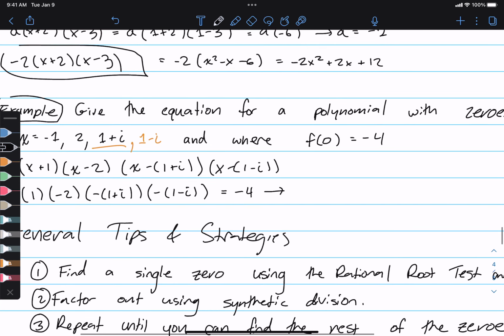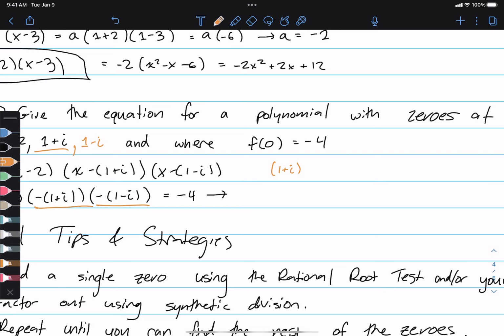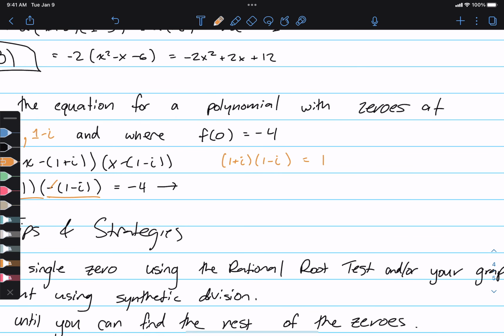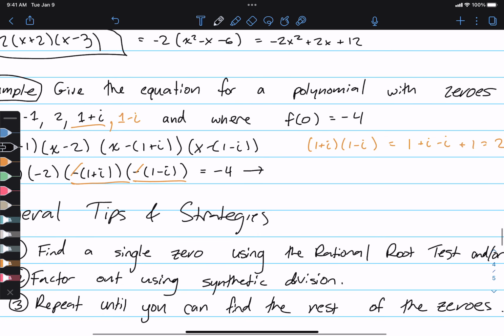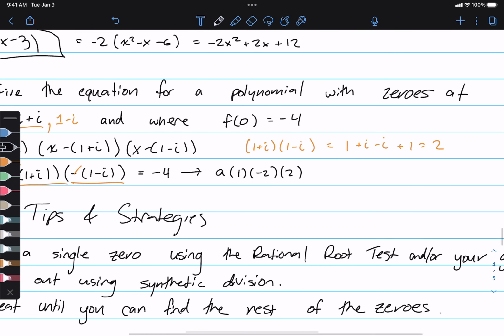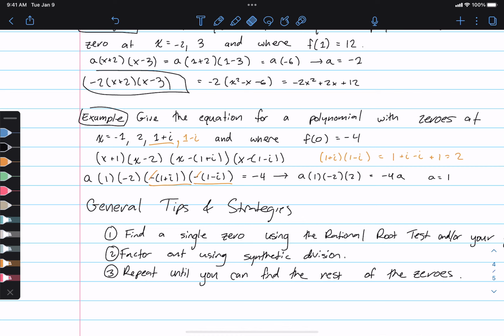But what about these two right here? So let's just perform that multiplication real quick. So 1 plus i times 1 minus i is going to equal, and we can cancel out this negative because there's two of them, so if we multiply both of these together, we get 1 plus i minus i plus 1, which is equal to 2. And so this whole thing actually becomes -4. So a times 1 times -2 times another +2 equals -4a. And so we know that means a equals 1. And so right here, this is the equation for this polynomial.